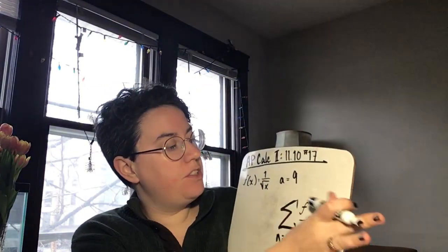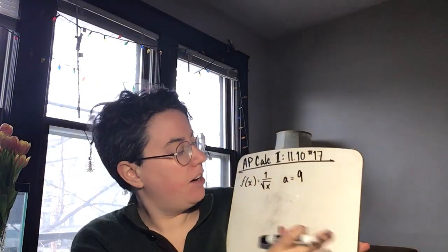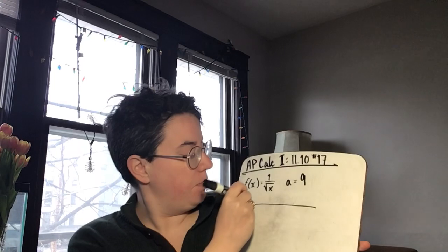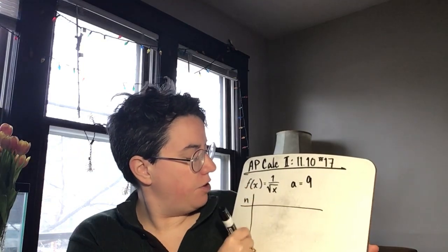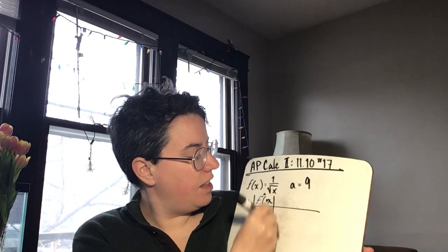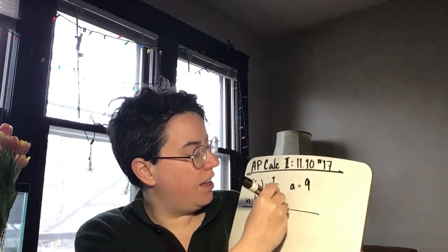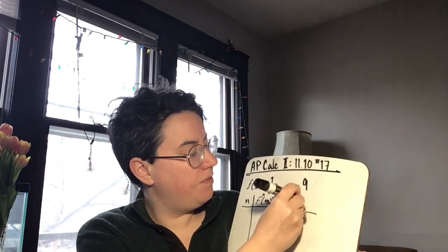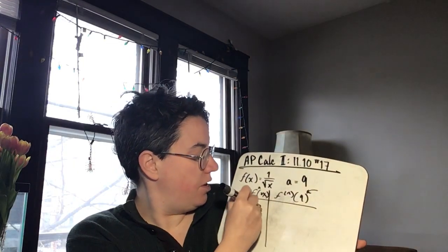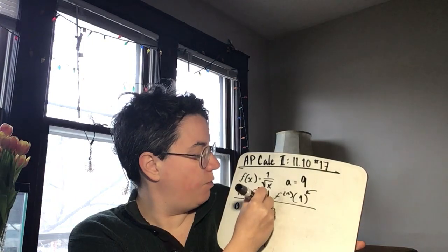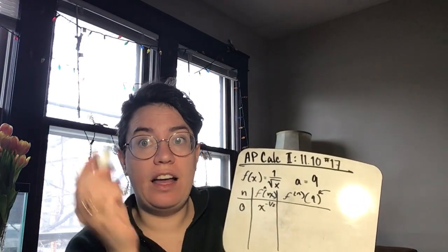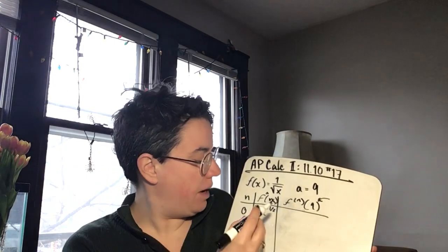So what I'm going to do in this case, just like in the notes video, is make a little table where we're talking about our derivatives of x, and then at 9, because this is what we're actually going to plug in, and we're just looking for the pattern. So for 0, I'm going to write this as x to the negative 1/2, because then as we keep taking the derivative, it's easy to just use the power rule.